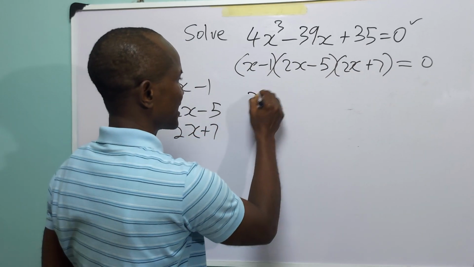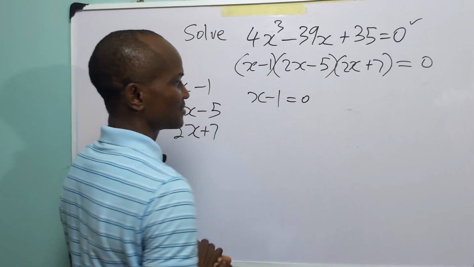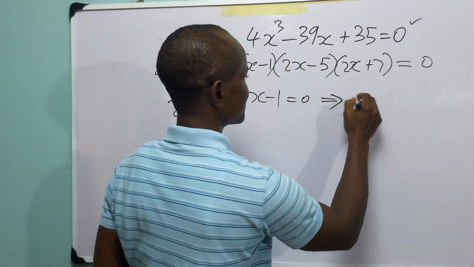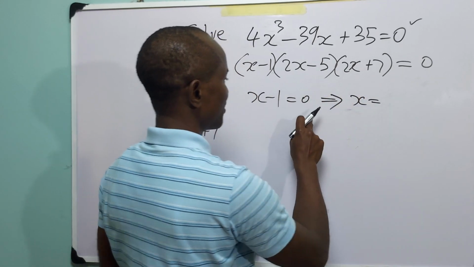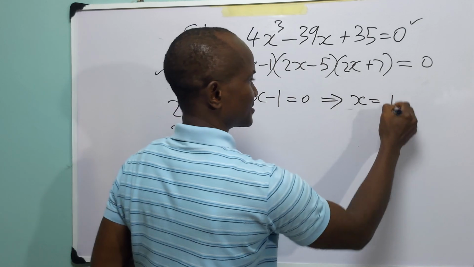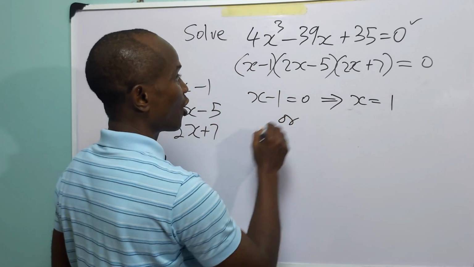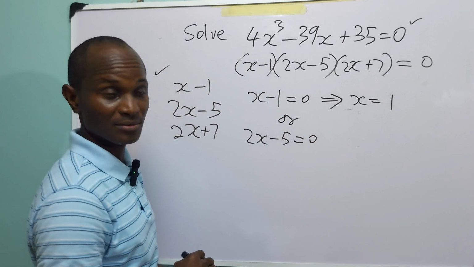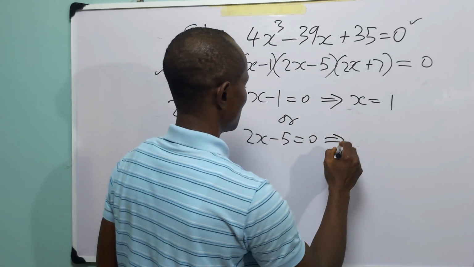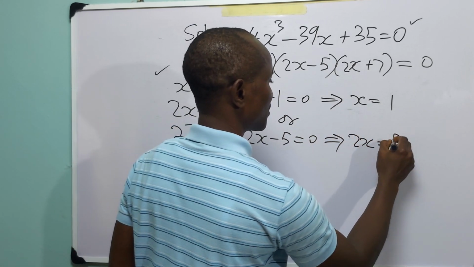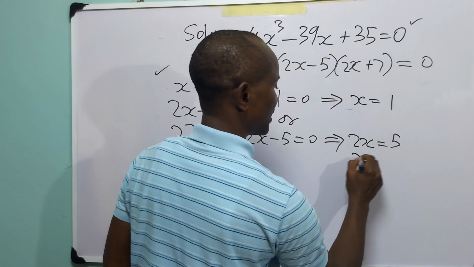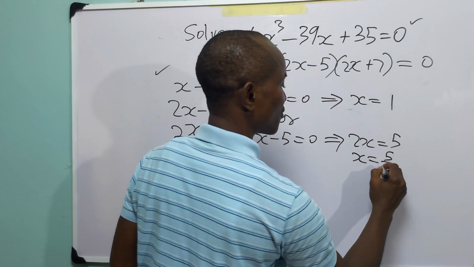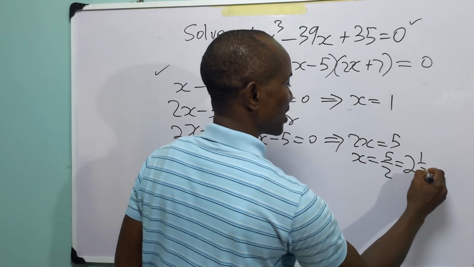So we have that it's either x minus 1 is equal to 0, in which case x is equal to, adding 1 to both sides, 1, or 2x minus 5 is equal to 0, in which case we have that 2x is equal to 5 and x is equal to 5 over 2, which is 2.5.